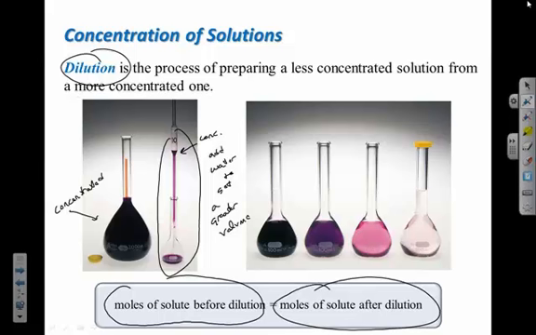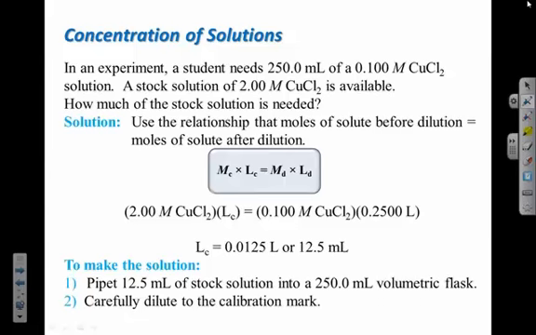So since the moles is not changing, if we think about what molarity is, moles of solute per liter, if the moles is not changing, that's a constant. I can multiply both sides by liters. That will cancel. And I get volume in liters times concentration in molarity equals a constant.